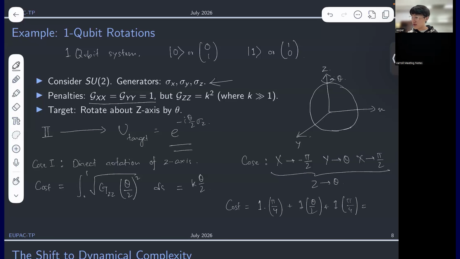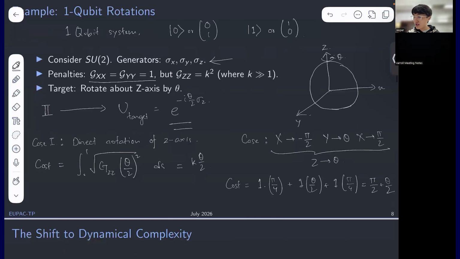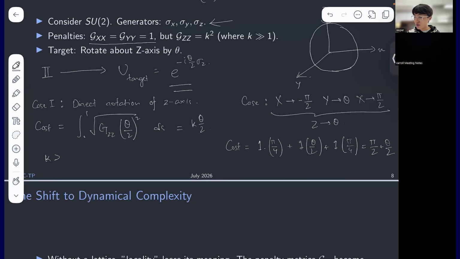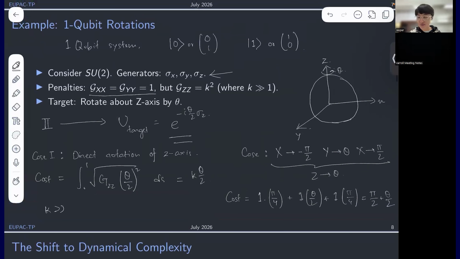So this is our cost, and this is just going to be pi by 2 plus theta by 2. So we can see for k much greater than 1, the first cost is much greater than this cost of the combination of x and y.